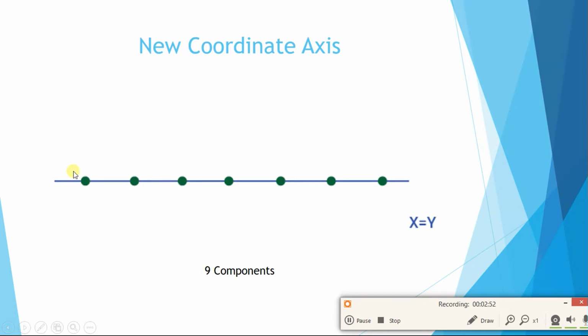So we are shifting to a new coordinate axis, and now we need only 7 components to store these points and 2 components to store the information of the principal component.